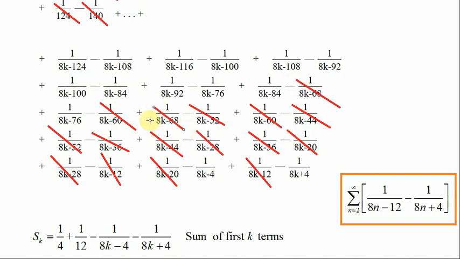And again, eventually all these terms drop out. So what's left is just the minus 1 over 8k minus 4 and minus 1 over 8k plus 4.